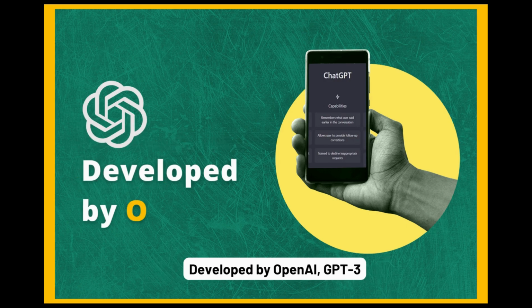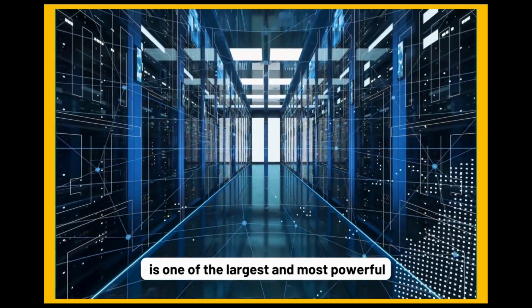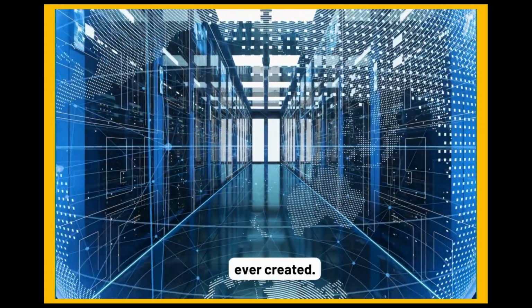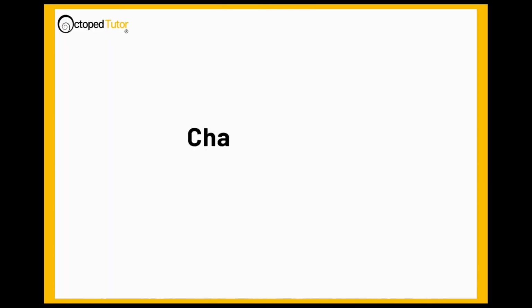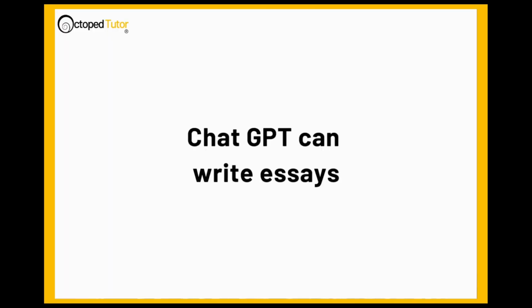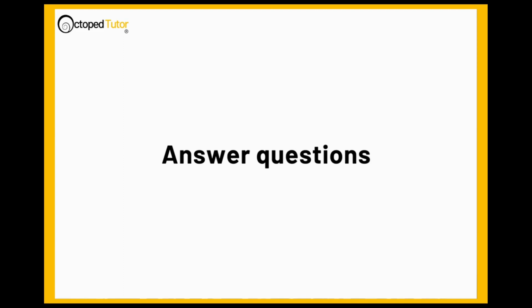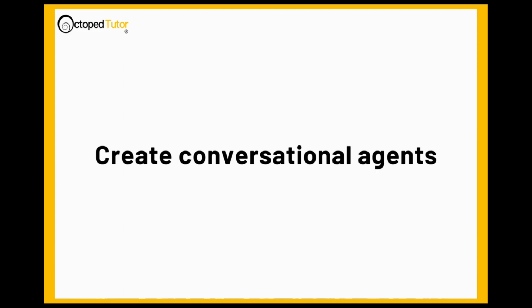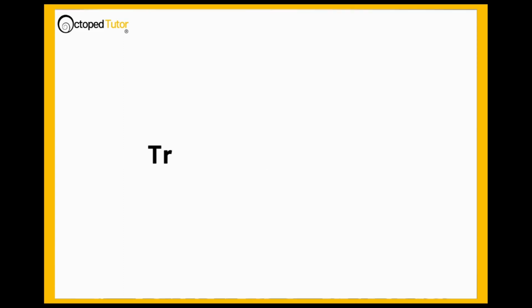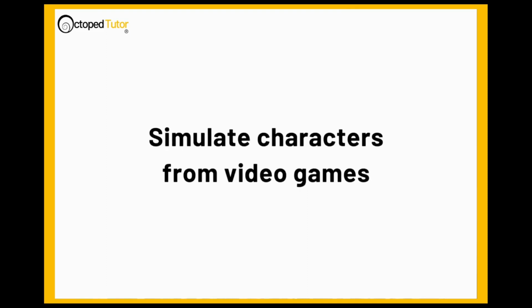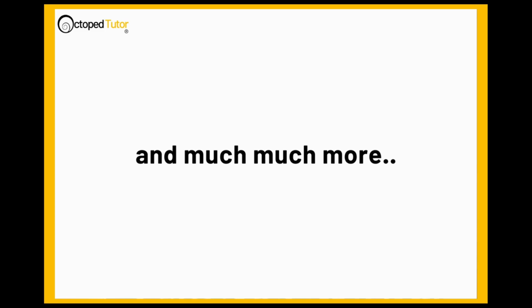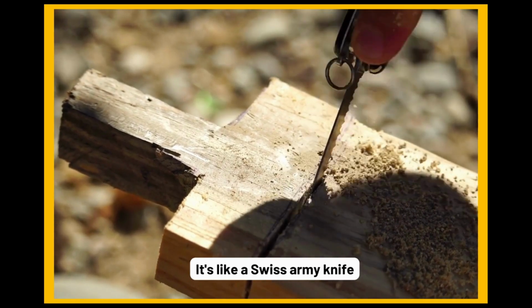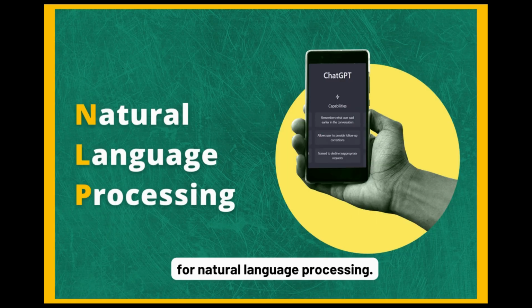Developed by OpenAI, GPT-3 is one of the largest and most powerful language generation models ever created. GPT-3 can write essays, answer questions, create conversational agents, provide tutoring, translation services, simulate characters from video games, and much, much more. It's like a Swiss Army knife for natural language processing.